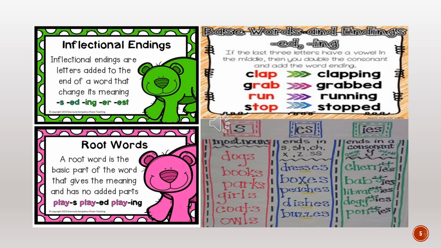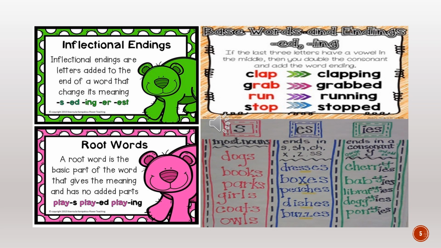When you have a word that has a consonant, a vowel, and then a consonant, you double the consonant, and then you add the inflectional ending. For example, clap, it's going to be clapping. You double the P. Grab, you double the B, and then you have grabbing. Run, you double the N, and then you have running. Stop, you double the P, and then you have stopping.